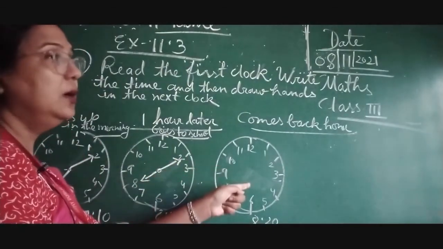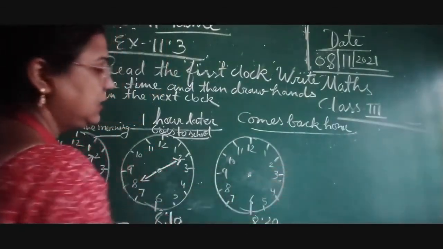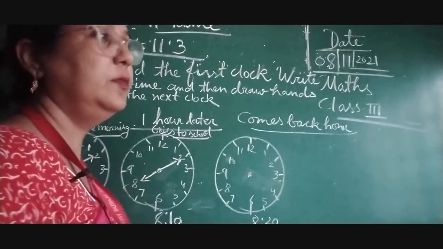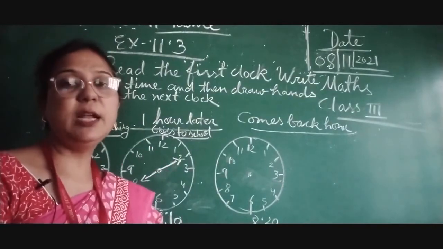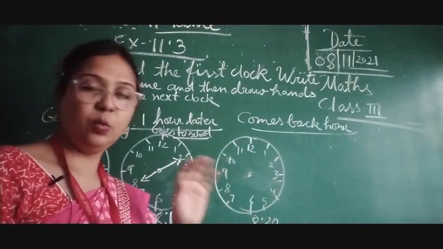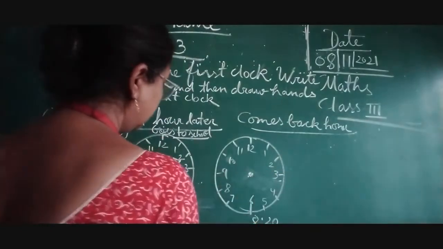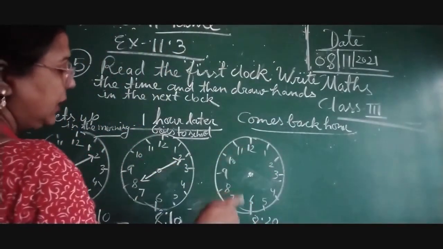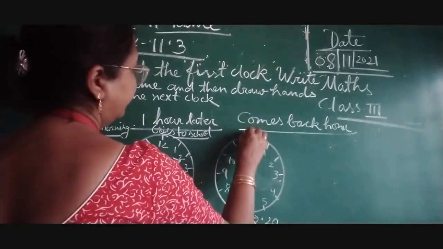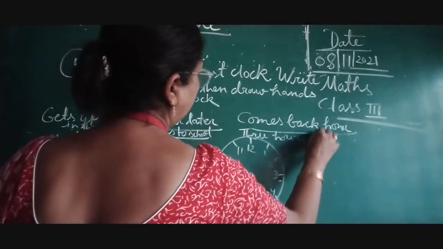Now here we are going to draw after 3 hours, because this is all quite a short time we are following. So that is why this is 3 hours. Only 3 hours the school is running. So that is why it shows that we have to draw 3 hours later. Right, 3 hours later.